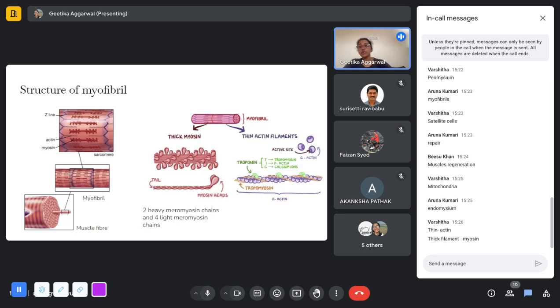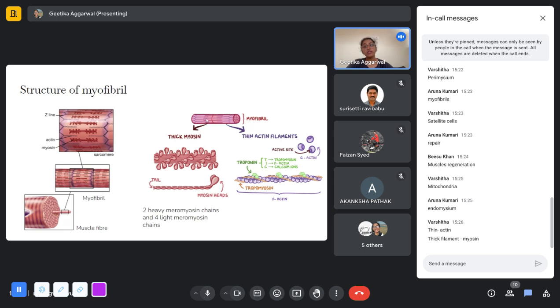So correct. Here we have actin, attached to the side by the Z line. The thick ones are the myosin filaments, and they come together to form the structure called the sarcomere, and different sarcomeres together form an entire myofibril.